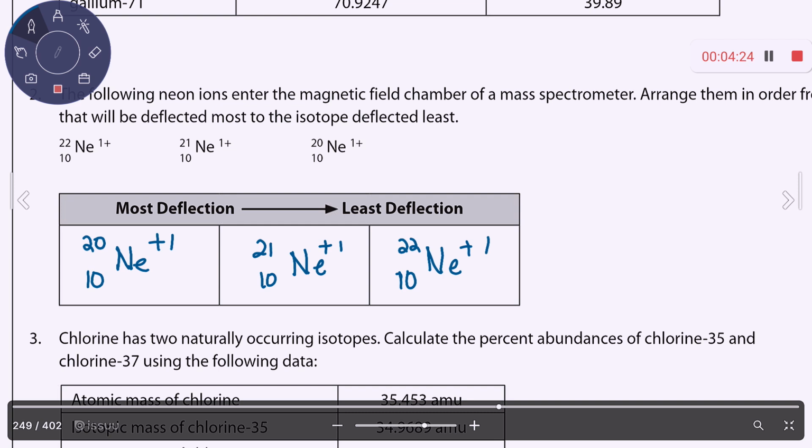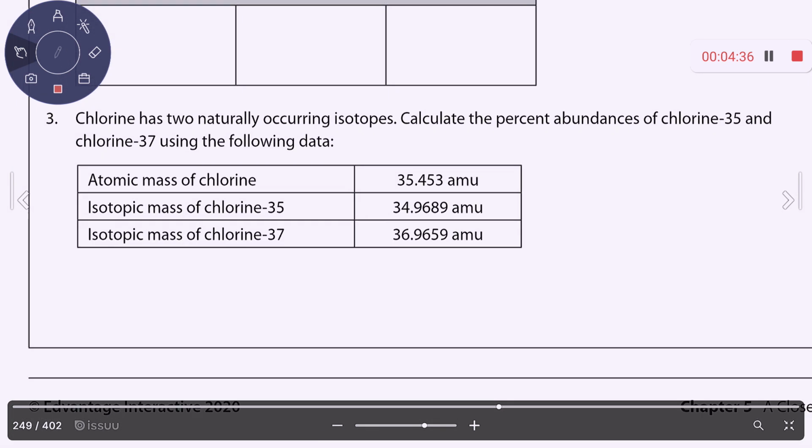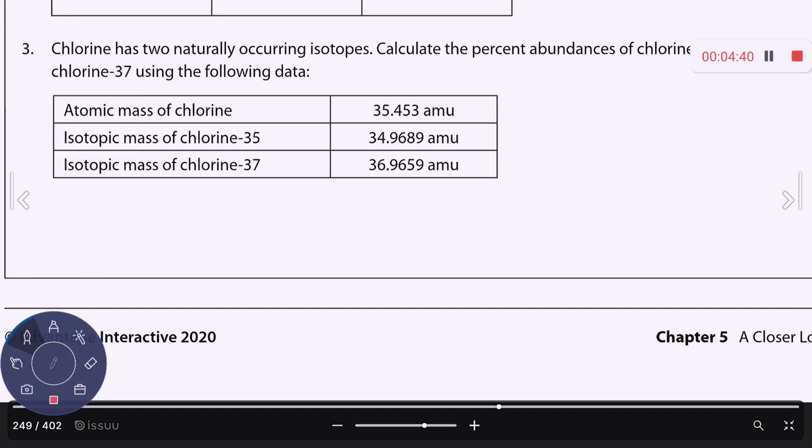All right, I have one last problem to do before I let you loose on your homework. This homework assignment is going to be due at 12:30 because I want you to finish it in class. Number 3 is kind of an advanced problem using basic algebra. Here it says that we've got 2 isotopes for chlorine, chlorine-35 and chlorine-37.